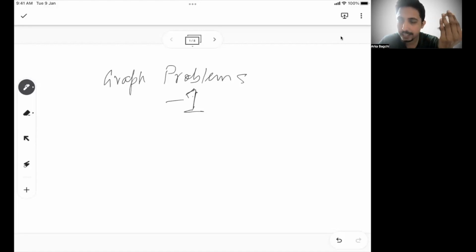In the second problem session of any topic, we typically cover the advanced level problems, which have a higher probability of coming in CAT, XAT, IFT kind of exams.